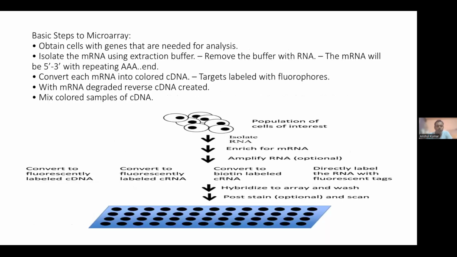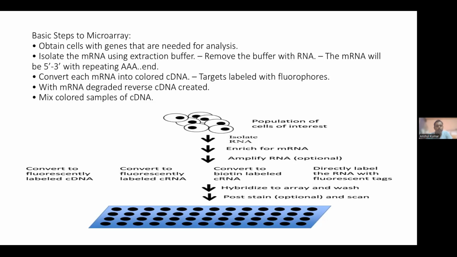Now here you can see through a diagram some of the important steps in the DNA microarray. Here, the cells are obtained with genes that are needed for analysis. Then isolate the mRNA using extraction buffer, and remove the buffer with RNA. The mRNA will be 5' to 3' with a repeating AAA tail. Convert each mRNA into colored cDNA targets labeled with fluorophores.